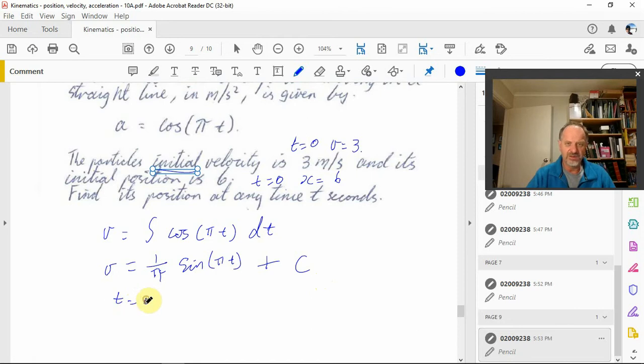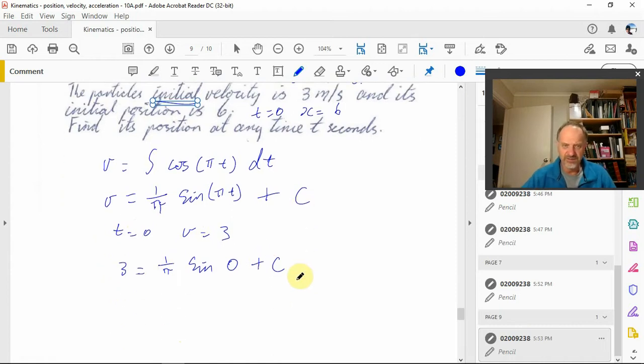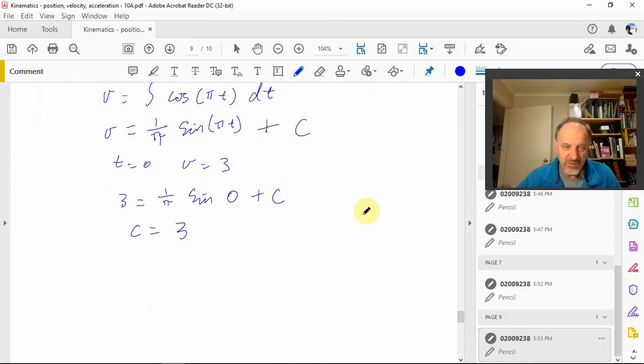So t equals 0, v equals 3, so 3 equals 1 on pi, sine of 0 plus c. Of course, the sine of 0 is 0, so that then means that c is 3. So we now have our velocity expression, which is 1 on pi sine pi t plus 3.